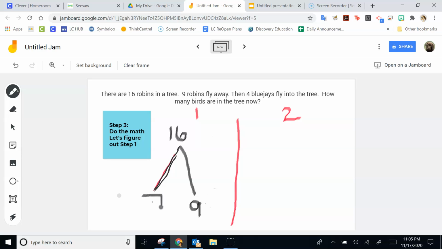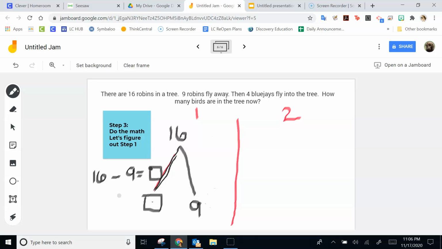What I don't know is how many stayed in the tree. Well, when I see a math mountain like this, boys and girls, I can very clearly tell myself, I know how this works because I've been working on this for a long time. I know that I can start with the big number on the top, and I can minus or subtract 9 of them because 9 of them flew away, and that really means that they are gone.